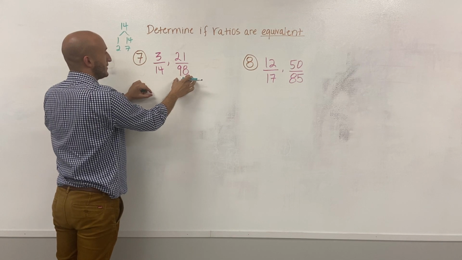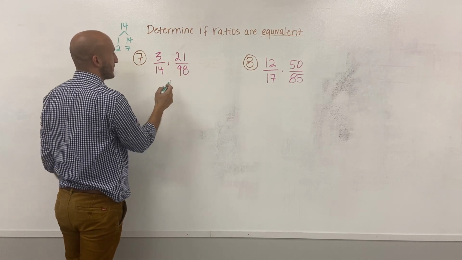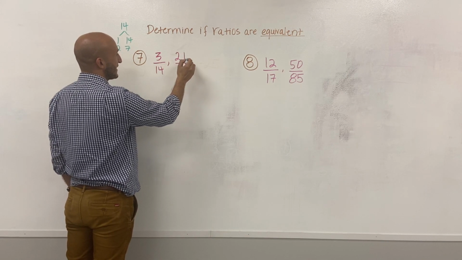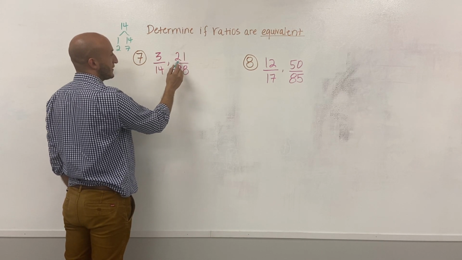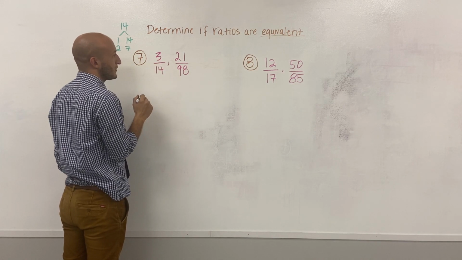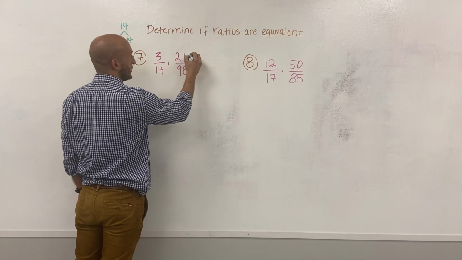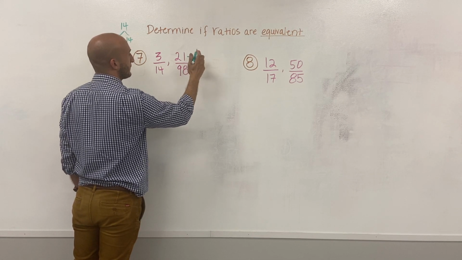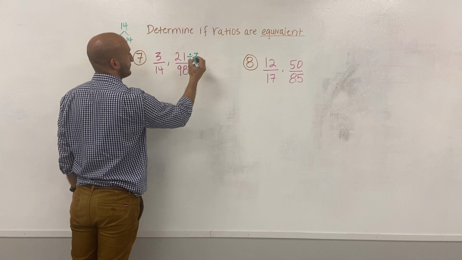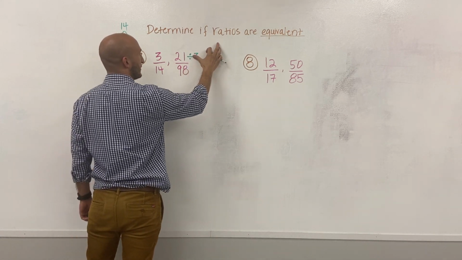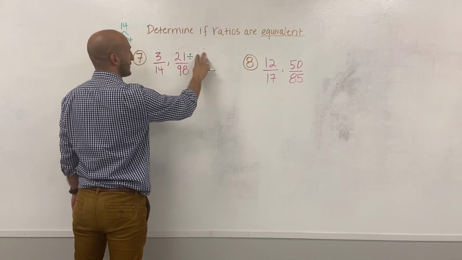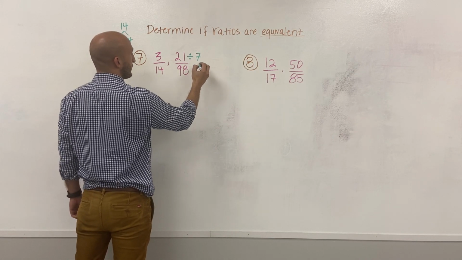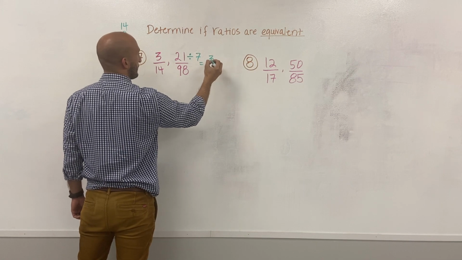down to these. So I'm gonna start with the numerators. Is there anything I can divide 21 by that gives me 3? Well, 21 divided by 7. Oh, that's another 7. Okay, 21 divided by 7 will give me 3.